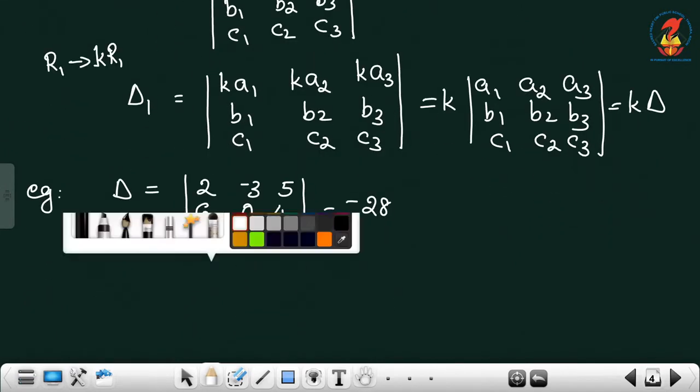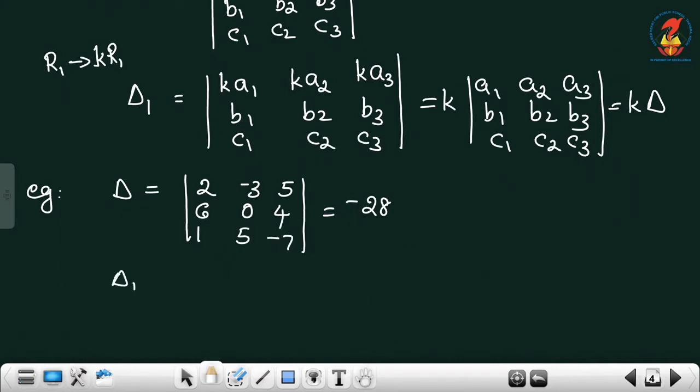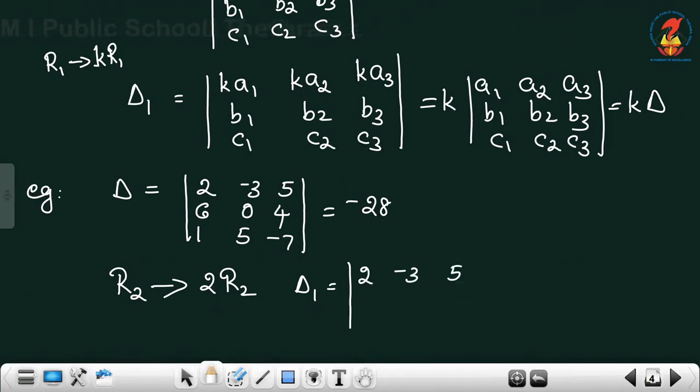Let delta 1 be equal to, we can multiply R2. R2 implies 2 times R2, that is multiply R2 by 2. So delta 1 is equal to the new determinant 2 minus 3, 5, 6 into 2, 12, 0, 8, 1, 5, minus 7.